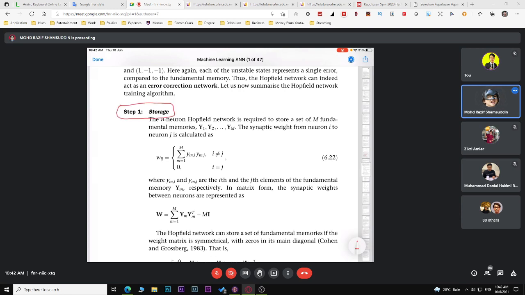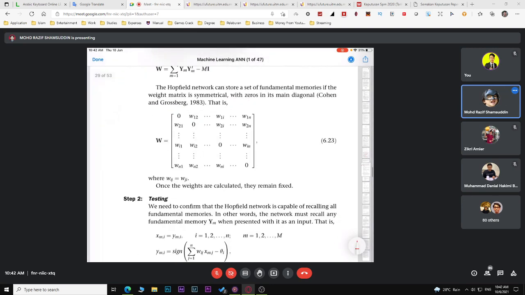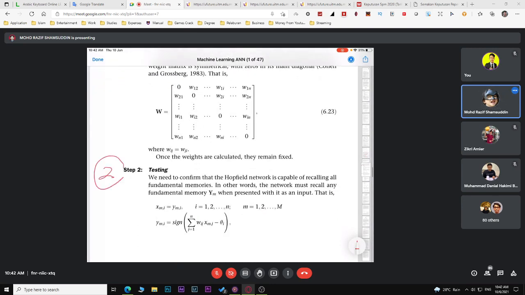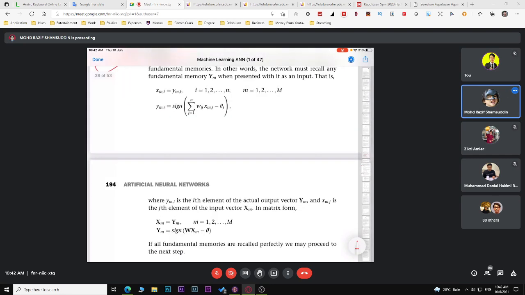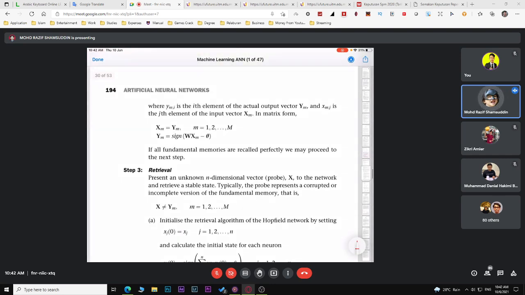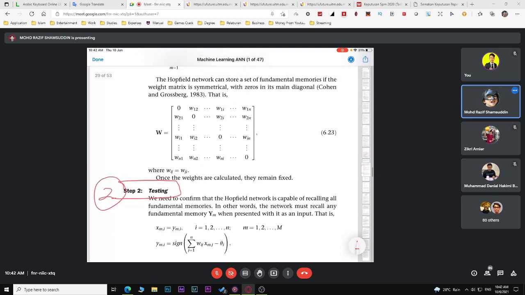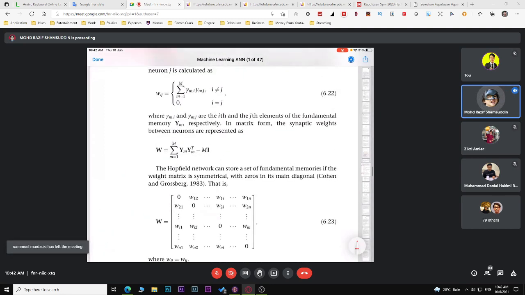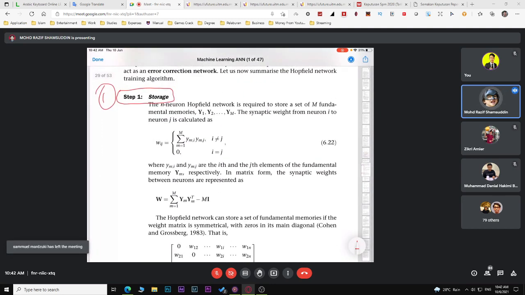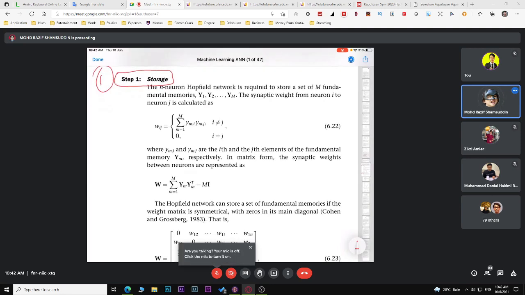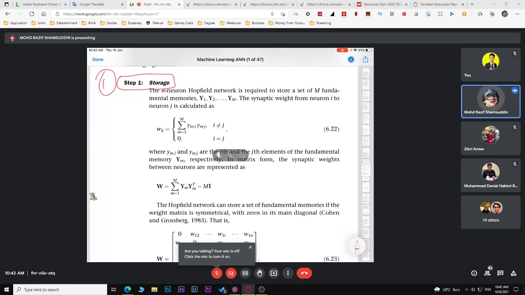Okay, this is number 1. Number 2 is testing. Number 3 is retrieval. Okay, saya nak tanya yang dah datang kelas yang sebelum ni, group C dan group A. What happened in storage? Apa yang berlaku dalam storage?